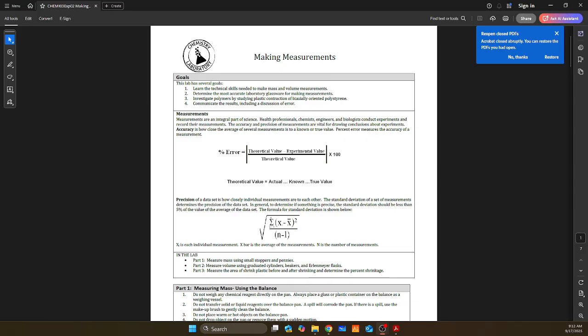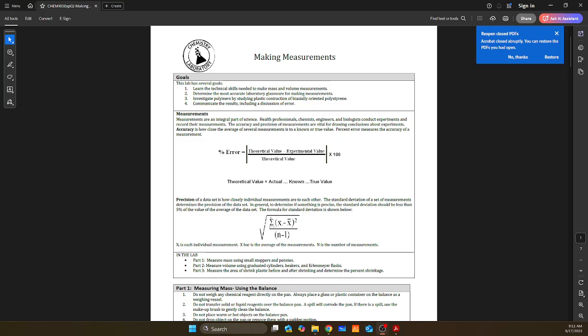So if you look at your packet, the next page is percent error. That has an equation up at the top. That's the first page of the packet. And then you have a statement that you're supposed to write as a sentence.